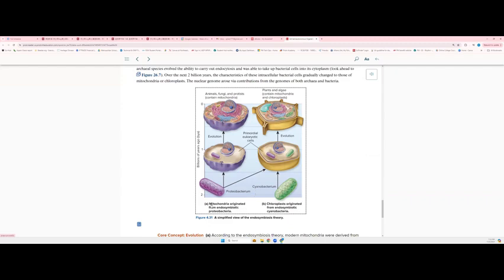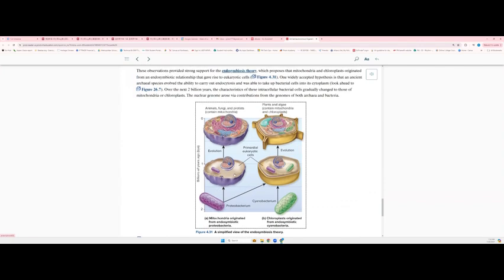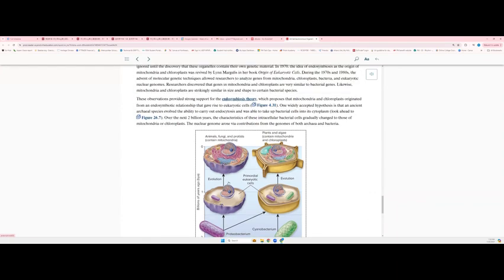Basically, they assumed mitochondria originated from some kind of bacteria called proteobacteria, a very ancient bacteria. This ancient bacteria went inside some kind of eukaryotic cell, a cell which existed a long time ago, called a primordial eukaryotic cell.